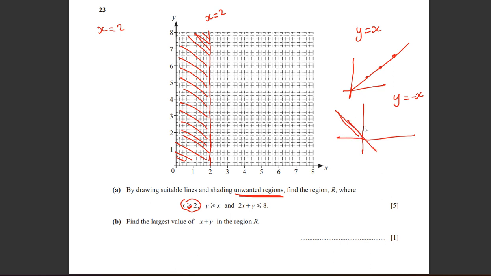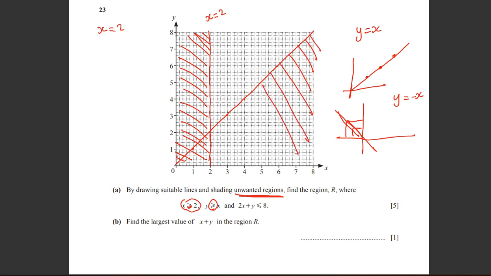So here it will be passing through 1 and 1, then 2 and 2, 3 and 3, 4 and 4, and so on, which is also a solid line. So the line will be like this. And then it is greater than, that means this area, but I want the unwanted area, so I am going to shade this part.